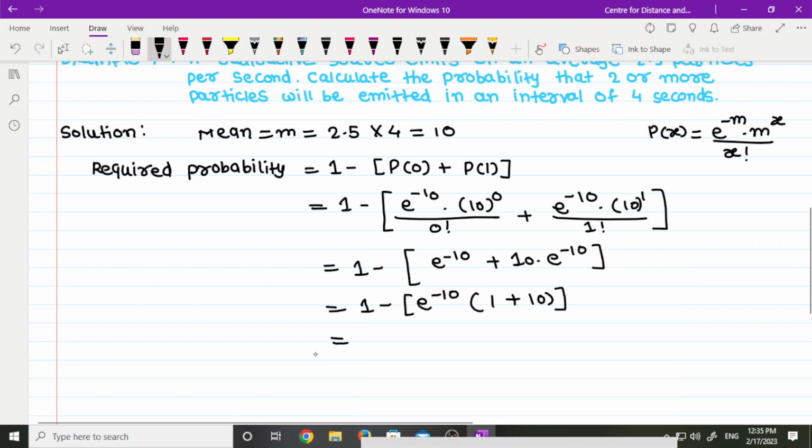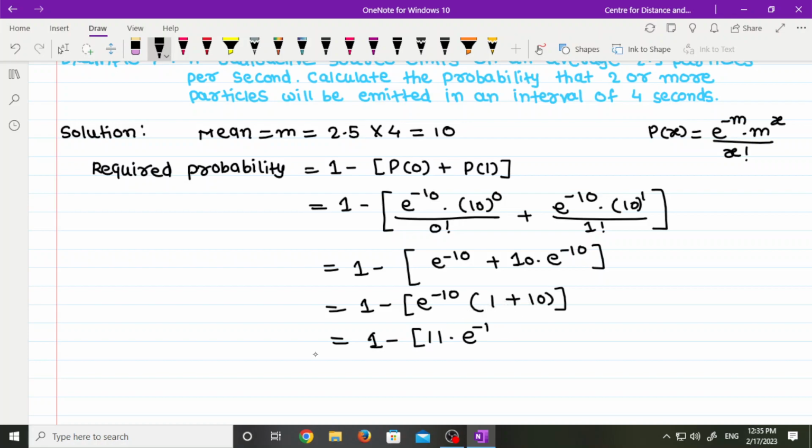So, 1 minus 11 into e raised to minus 10 is the required probability that 2 or more particles will be emitted in an interval of 4 seconds.